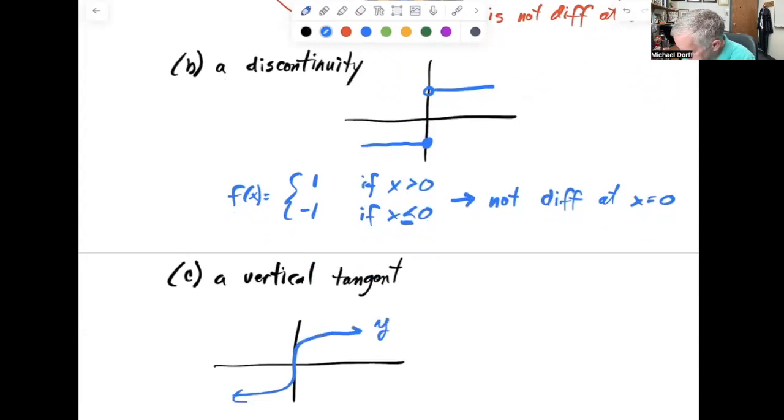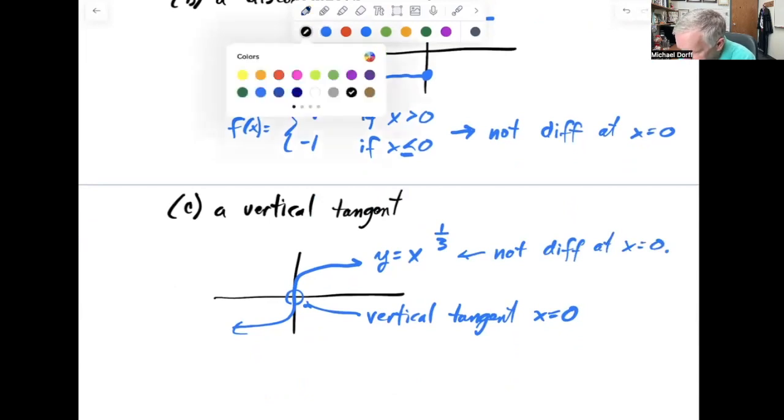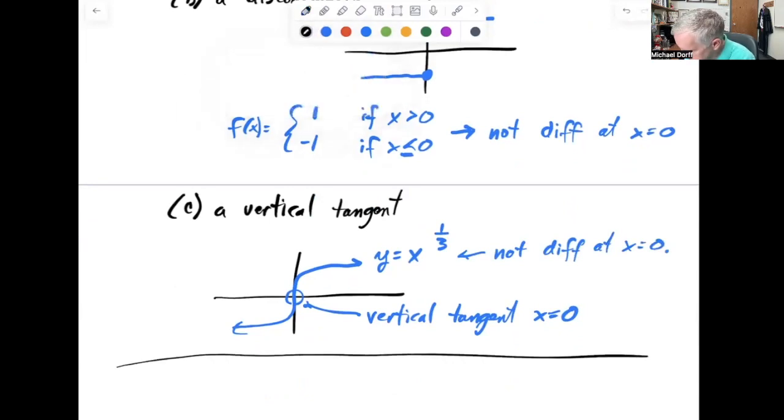And a function that represents that is this one right here, x to the 1/3. This here is a vertical tangent at x equals 0. So this is not differentiable at x equals 0. Okay, those are three cases where a function is not differentiable.